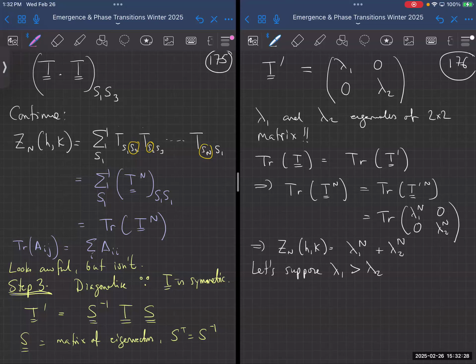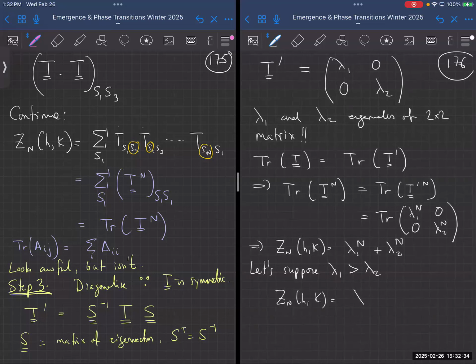Then I can write that Z to the n is equal to lambda 1 to the n times 1 plus lambda 2 over lambda 1 to the nth power. And now I take the thermodynamic limit, so n going to infinity.